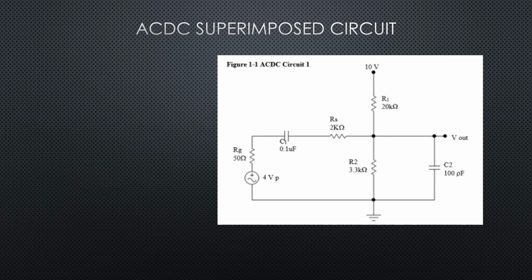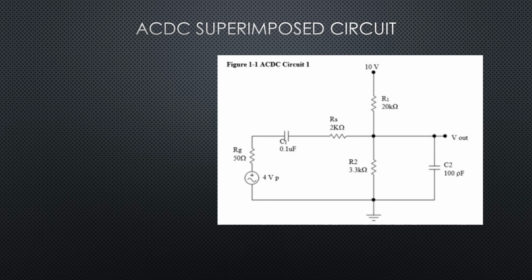So finally, our AC at the cutoff frequency, our AC is still going to be superimposed on the DC voltage. However, at the cutoff frequency, our amplitude is going to be 0.707 of the midband voltage.